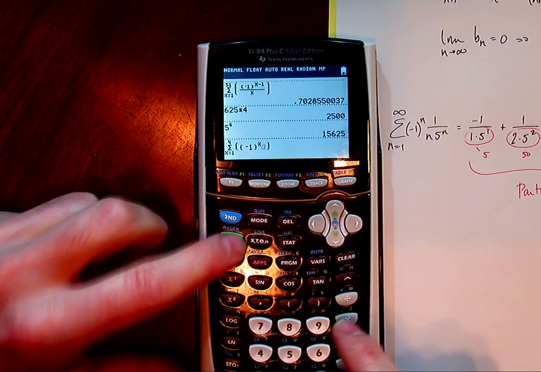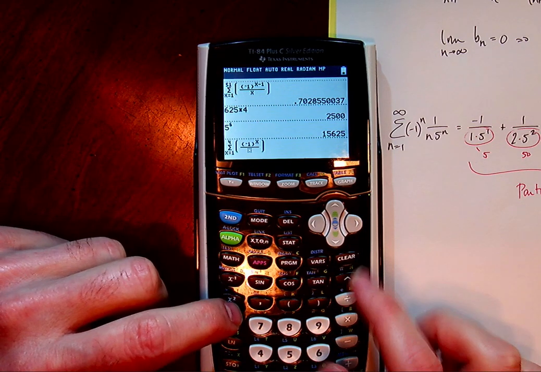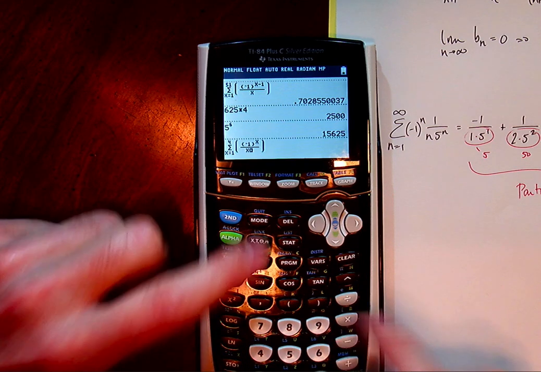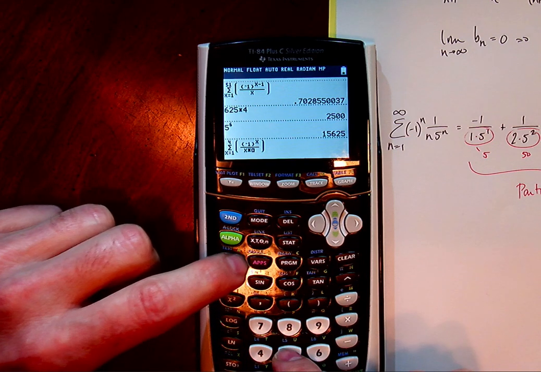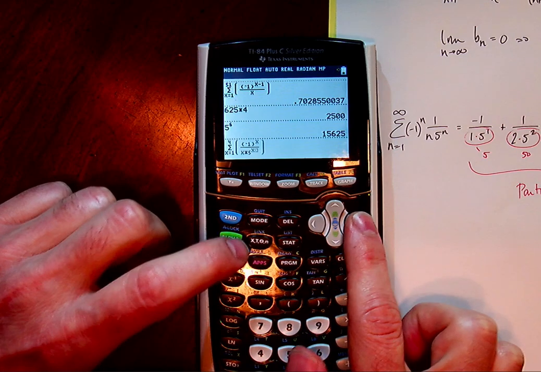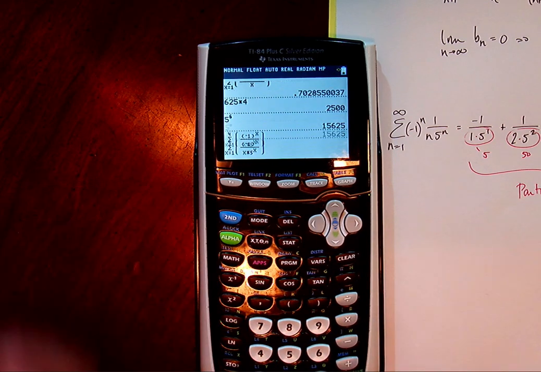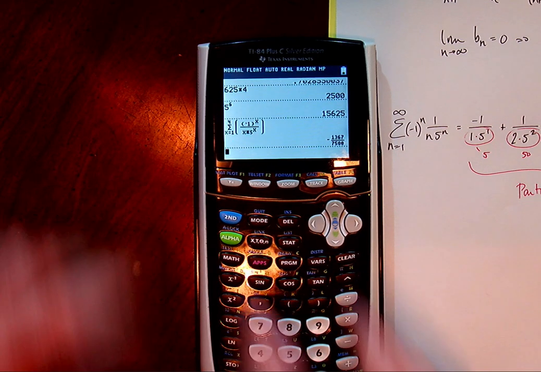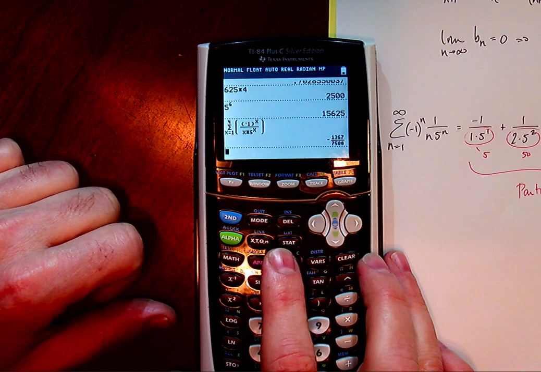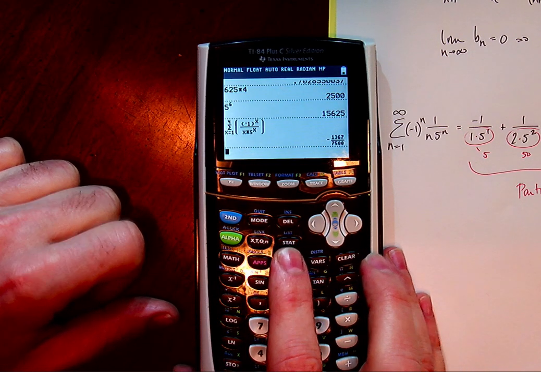and then I'm going to do a fraction of x times 5 to the x. Okay, and it gives me negative 1,367 over 7,500.